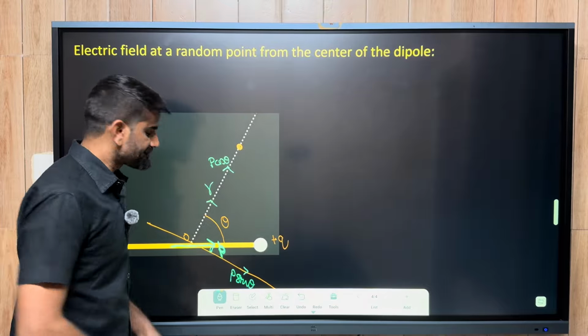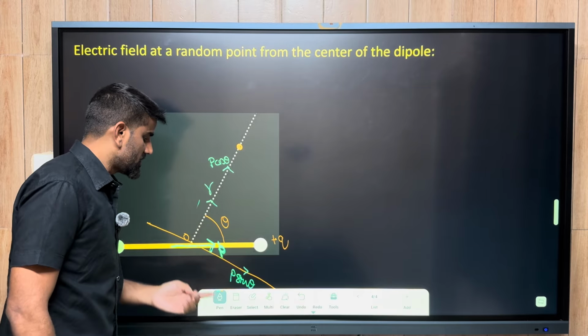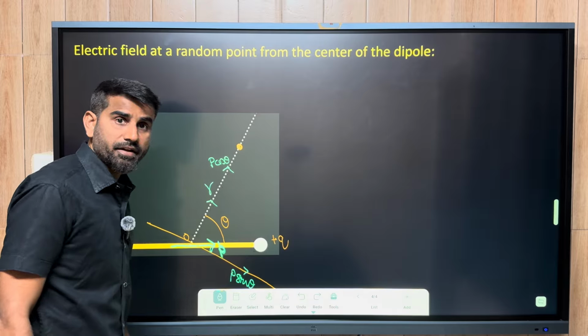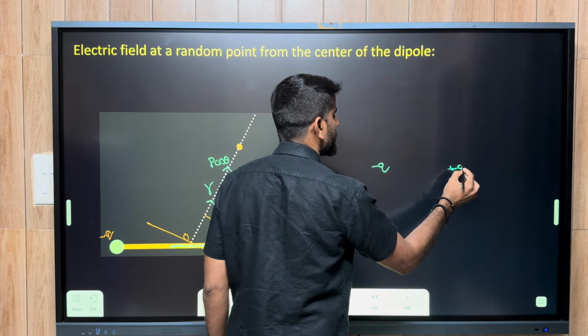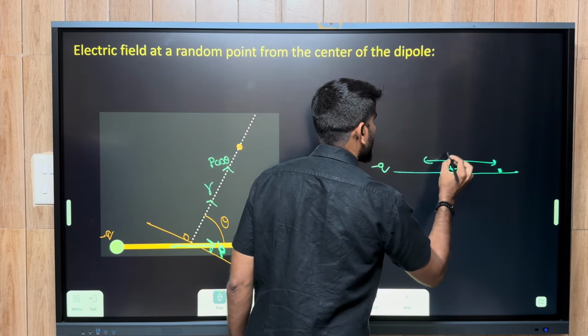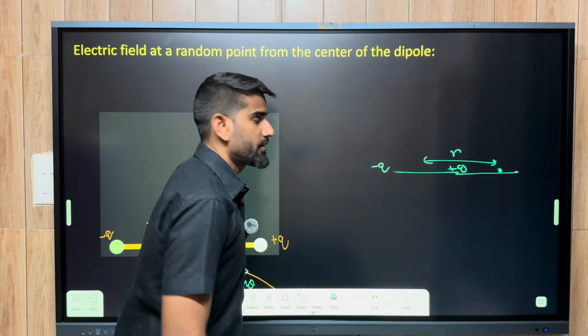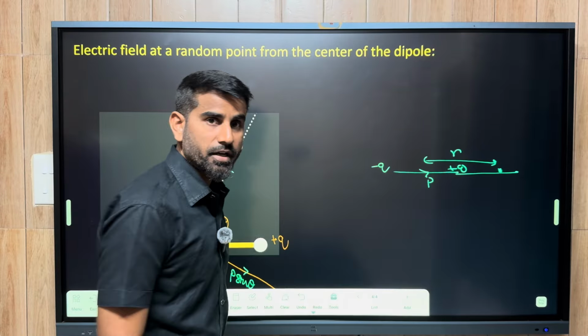Take it out. Now this P cos theta is along the R. When you look at the first diagram, minus Q and plus Q separated by a distance, and the point R is along the axis only. In this case the dipole moment is P, and R is on the same axis.